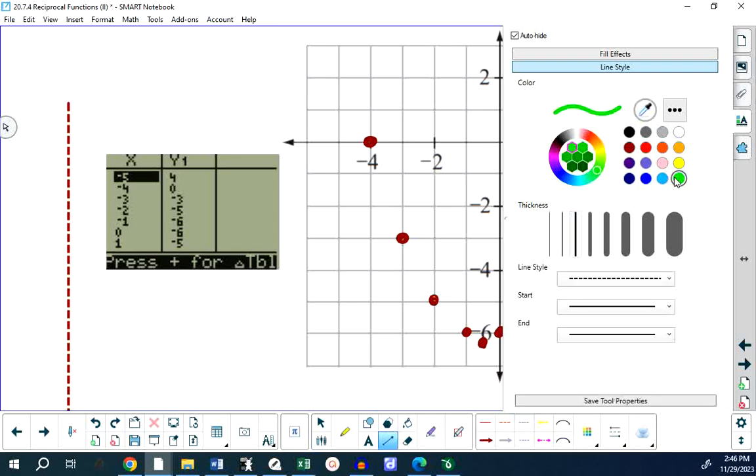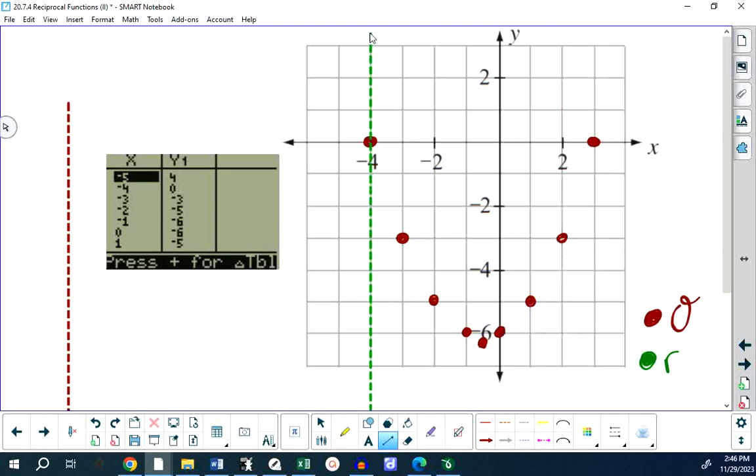I apologize, I'll use this color, that's better. It's going to have a vertical asymptote here. It's going to have a vertical asymptote here. It's going to have a horizontal asymptote here. It's going to have this shape in here.